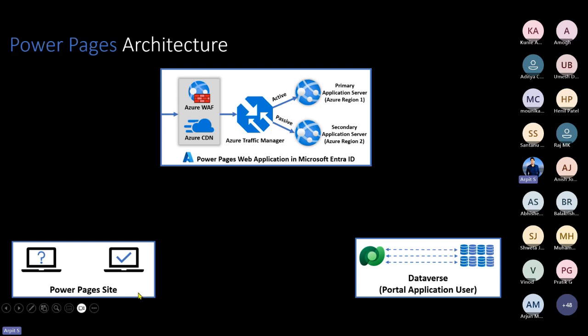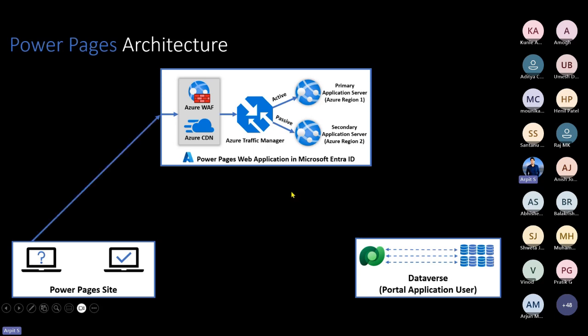So whenever you create a Power Pages site, okay, we are going to have a look into it in a while, whenever you create a website in your Power Platform environment, it automatically creates a Power Pages web application in the Microsoft Entra ID. So that is Azure Active Directory, the old name of it. So it automatically creates a web application, and then how does this Power Pages web application ensure the authentication between your Power Pages site and the Dataverse?